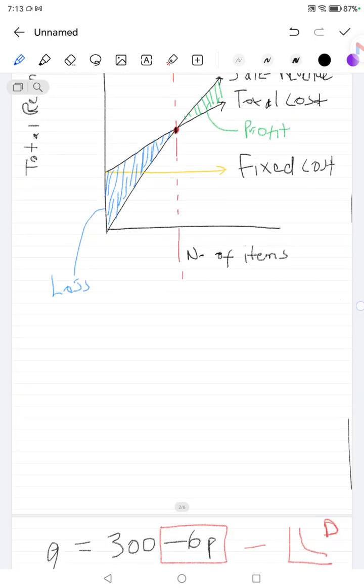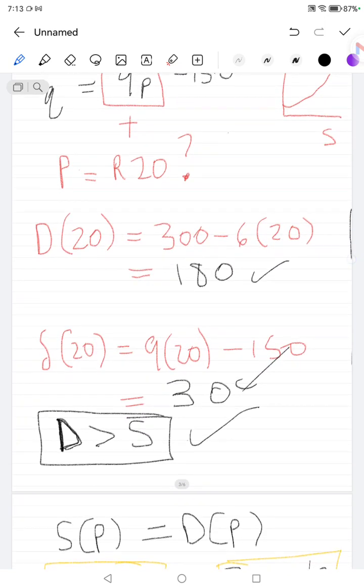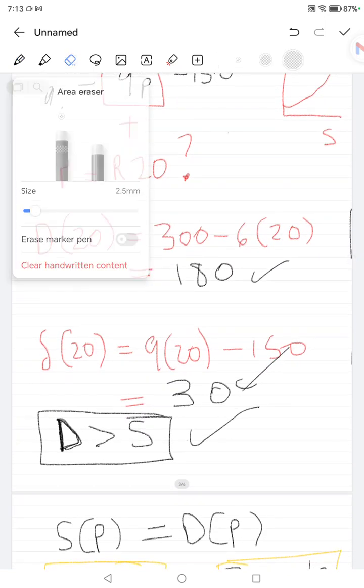So you can quickly go and say, let me just erase this one.